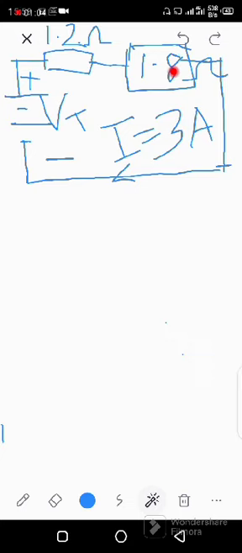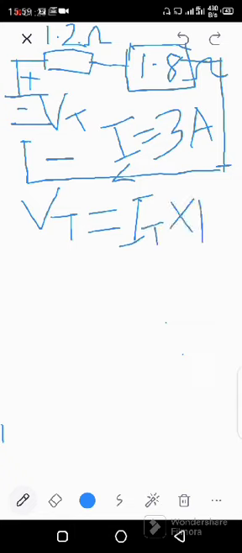So here we are asked to calculate the total voltage. Here is the formula for total voltage: total voltage is equal to the total current times the total resistance. Now, our total current is 3 amps, but we don't know the total resistance.